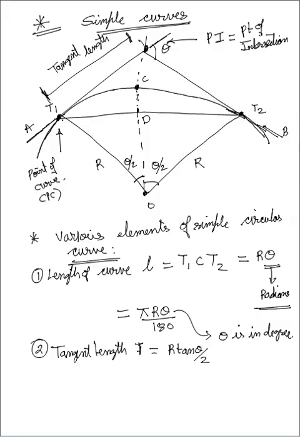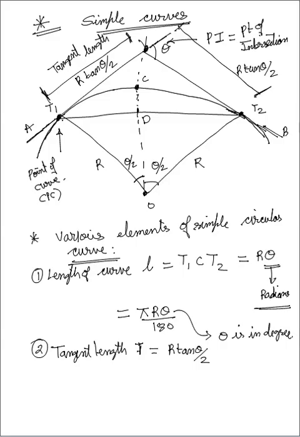Basically again I am writing here r tan theta by 2. Now mind well, this distance is also known as tangent length, so this is also r tan theta by 2. Both tangent lengths are equal.